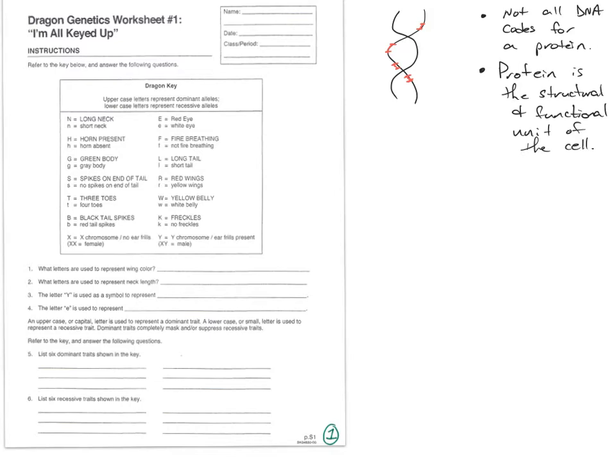If there's something doing something, that's usually a protein. Sometimes it's RNA, but most of the time it's going to be protein. Are we clear? If it's doing something, it's a good bet that you're talking about a protein.